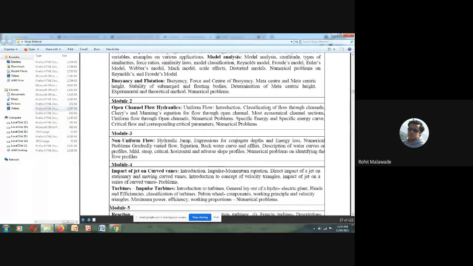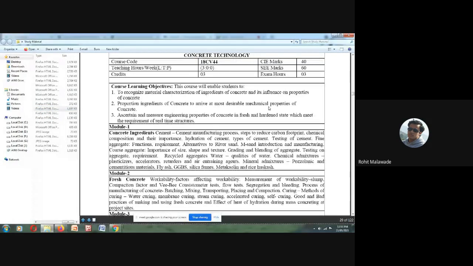Sir, do you have PDF notes, sir? The handwriting is not visible in laptop or mobile. I will send it, don't worry. I will send you the notes also, but in addition to that, only notes is not sufficient. You also need to follow the textbooks. Have you collected the textbooks?